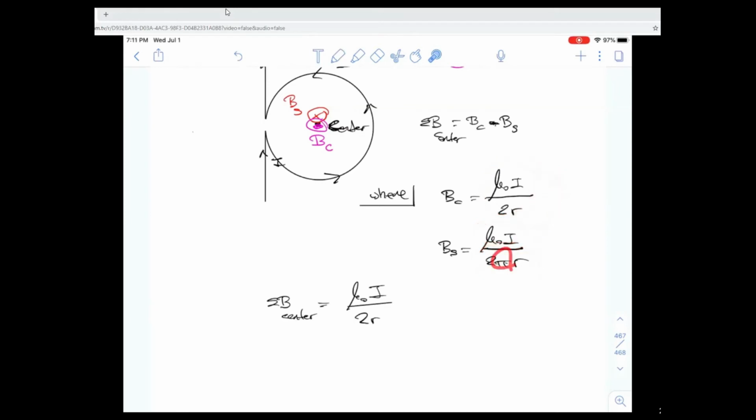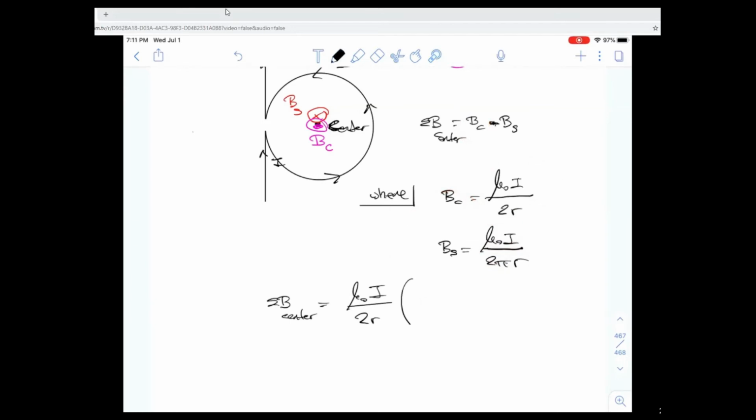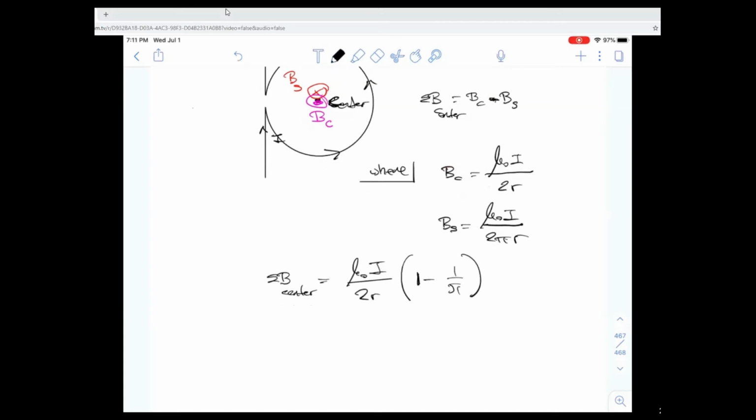So the only thing which is uncommon is the pi. All right, so what do we have? So this entire term is going to be on here. All right, so B sub C is going to be 1, and B sub S is going to be 1 over pi. Okay, that's it. Sum them up, and that's what you come up with.